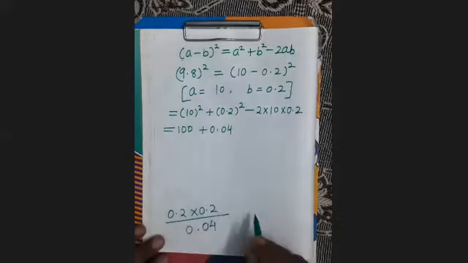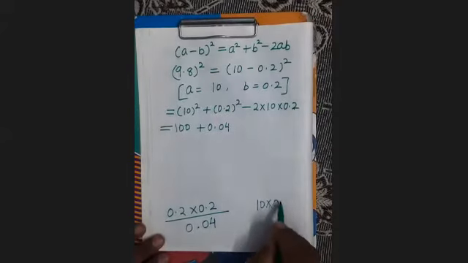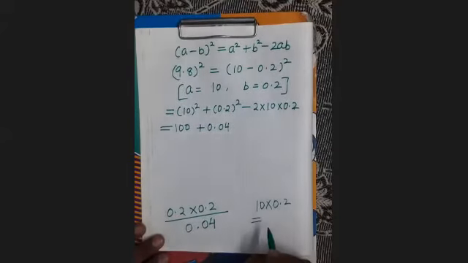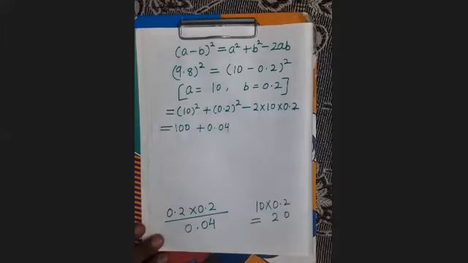10 into 0.2, it will be equal to how much? 10 twos are 20. Decimal is at how many places? One place. So it will be 2.0. जब डेसिमल नहीं होता है then it is assumed just after the unit place. जैसे 20 आया, डेसिमल यहाँ है, हमको वन प्लेस पर लगाना है.